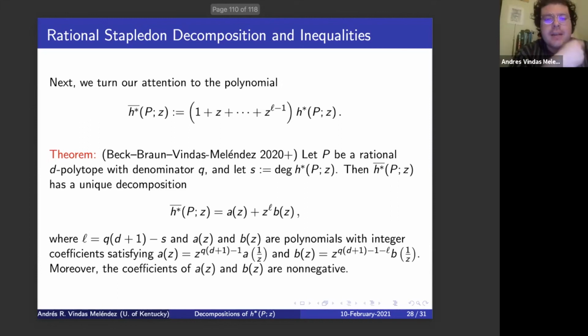Thank you. One thing that I did leave out, and I guess I'll ask myself to tell you, Andres, tell them about one thing that he forgot to mention: we use this application to also talk about what we are calling reflexive polytopes of higher index. Kasprzyk and Nill introduced some family of polytopes, and we were able to write the H-star polynomial for those families in small dimensions.